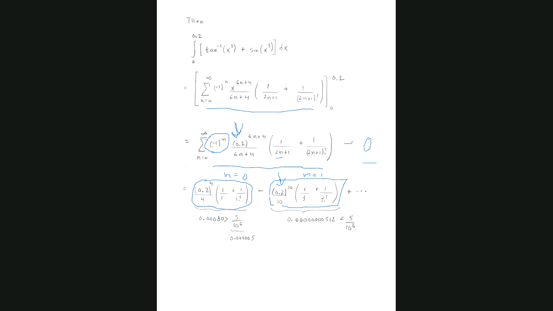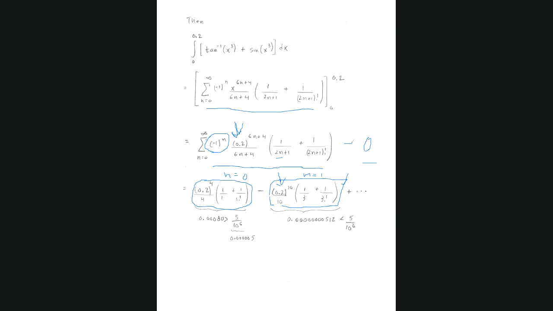Since we want correct to within 5 decimal places, we are looking to find the first term that is smaller than 5 over 10 to the 6th power. So maybe that term will work.